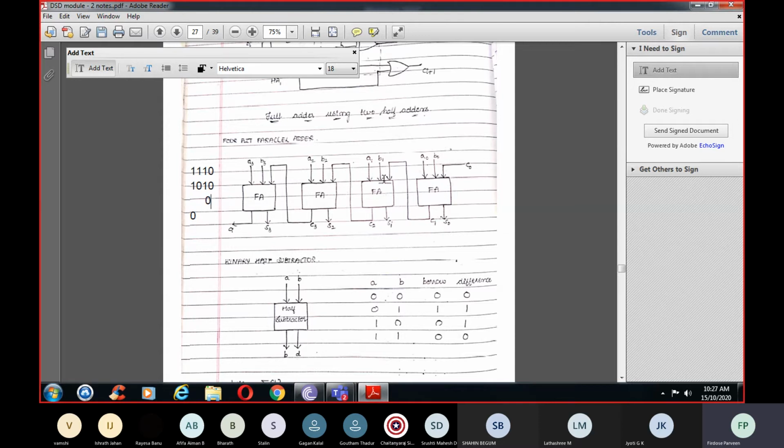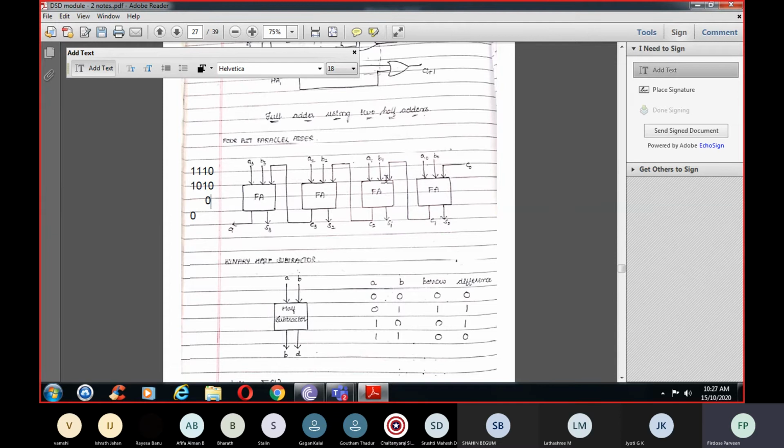Okay, it should be added to the next bit. If suppose 0 plus 0 you get 0 here. If 1 plus 1, the addition is 0 and you get a carry. So that carry of the previous stage should be added to the next stage, so that one will be given to the next full adder. So A0, B0, S0, C1.